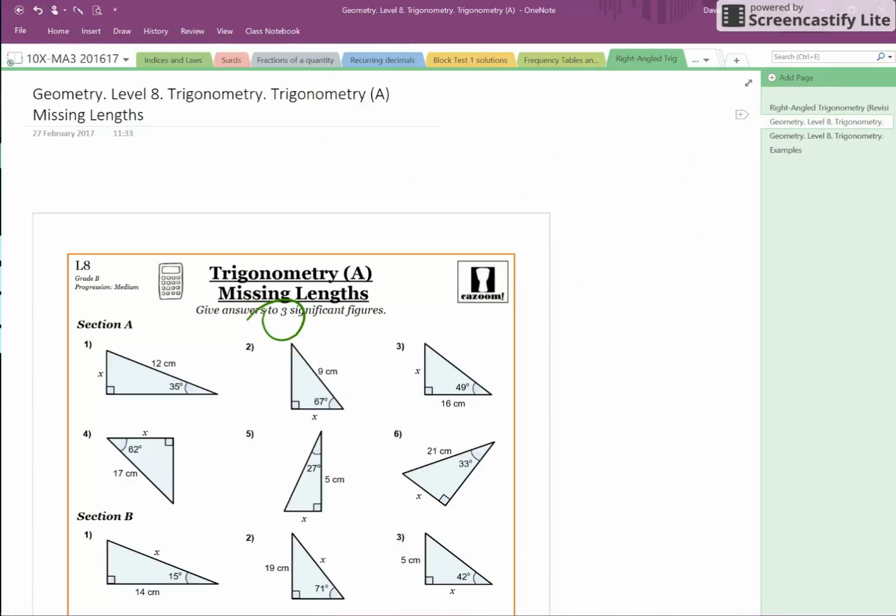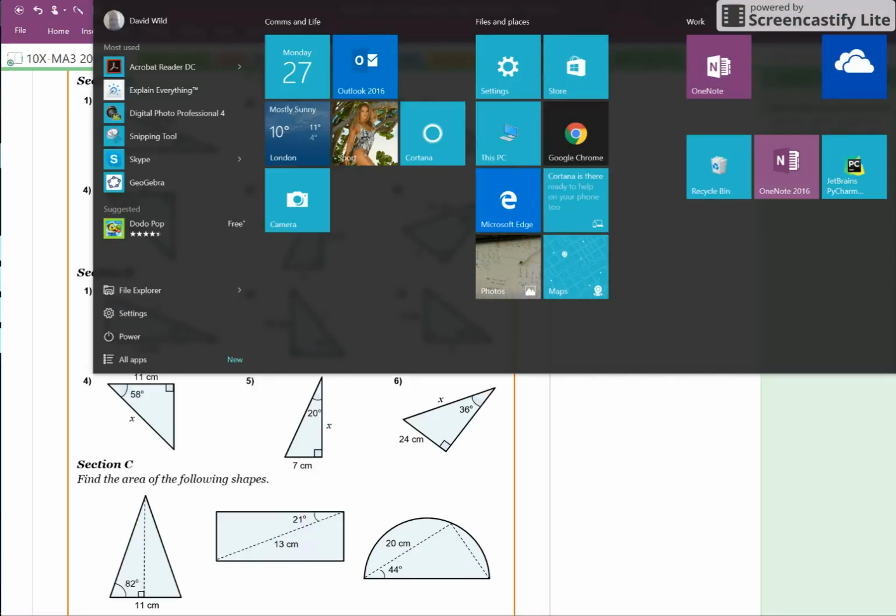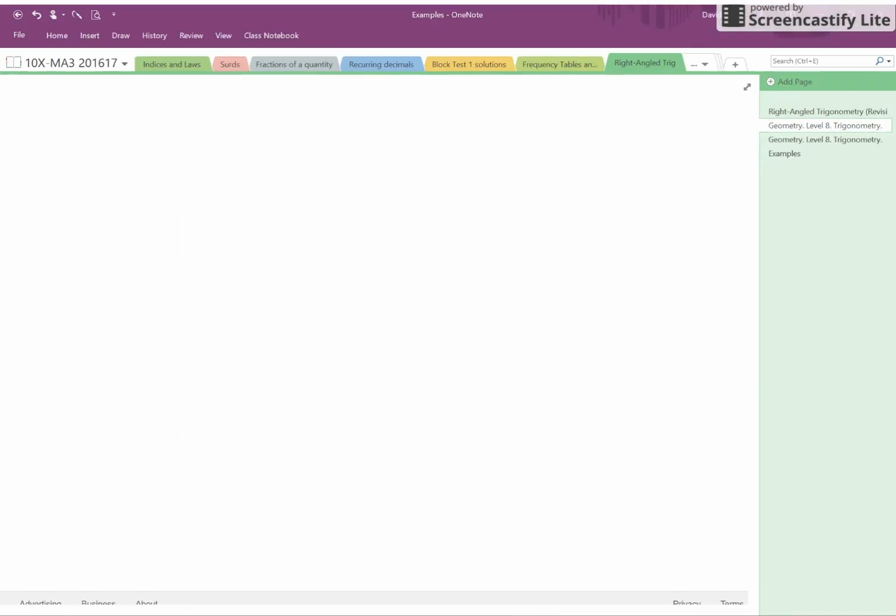So go back here, and I'm going to do an answer question in section B. So let's just take a screenshot of that. This one in section B, there.